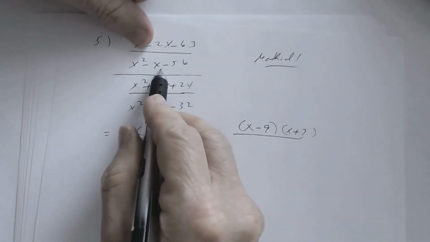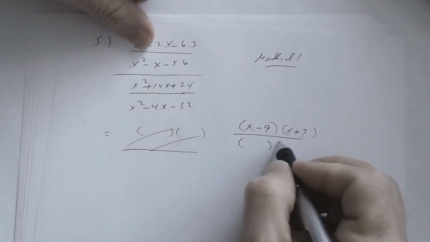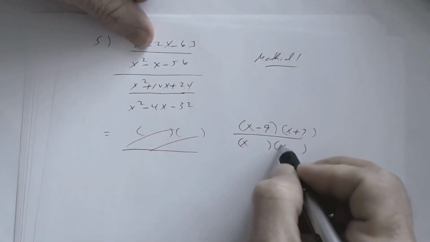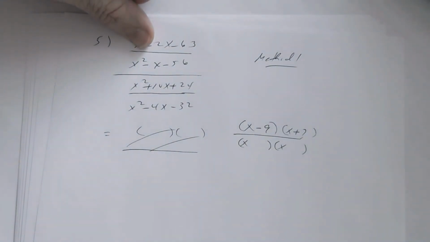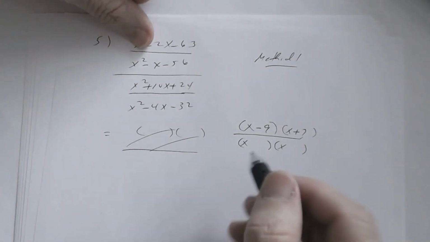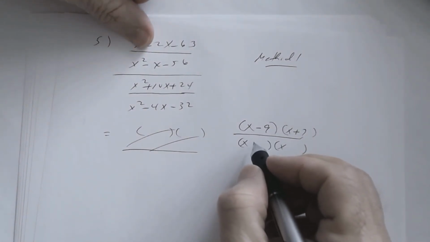The denominator here, when I factor, that's going to be x, and I need 56. Use your calculator if you need to. 7 and 8, all right?